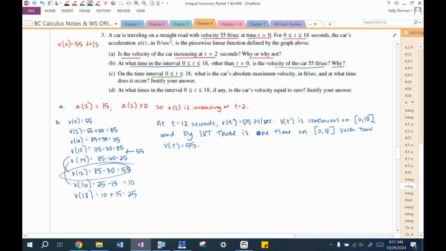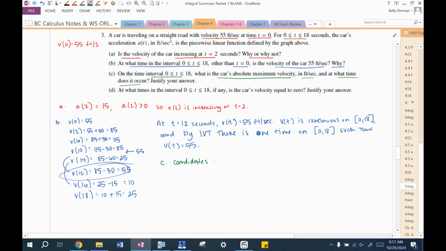On the time interval 0 to 18, what is the car's absolute maximum velocity in feet per second, and at what time does it occur? Justify your answer. So here's where it paid off to do all of that annoying work. For part C, this is the extreme value theorem. The candidates are the endpoints. I kind of already did the work, but let's pretend I didn't.